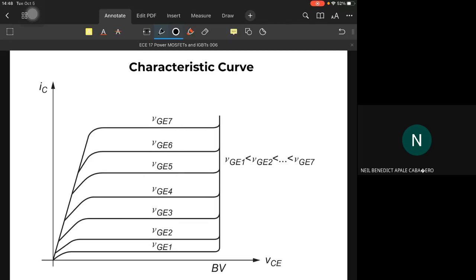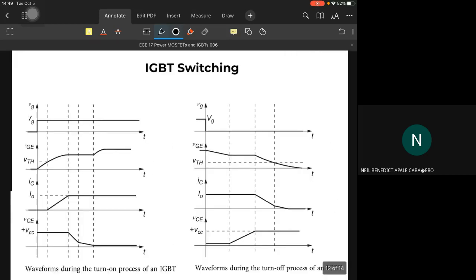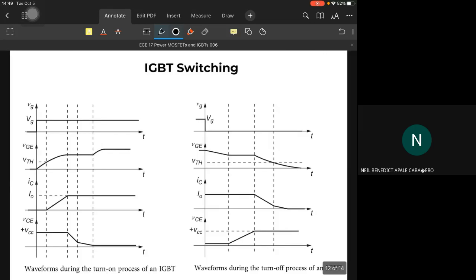So it is similar to the BJT in that each curve is the controlling variable. It is not the same as the MOSFET's ohmic region. So again, even in the characteristic curve we can observe that it is partly BJT, partly MOSFET. As for switching, we don't need to go deeper, since the switching characteristics are similar for all of them: the diode, the BJT, the MOSFET, and the IGBT.